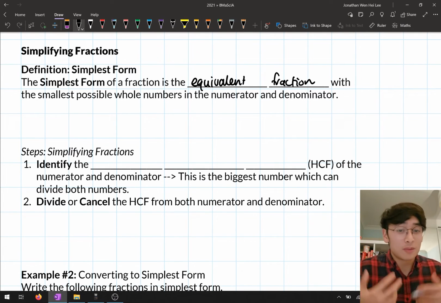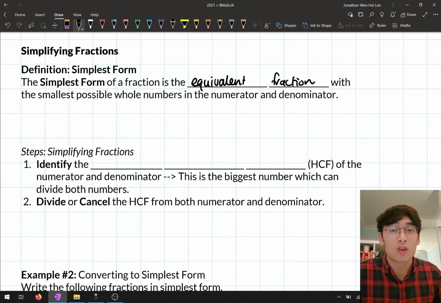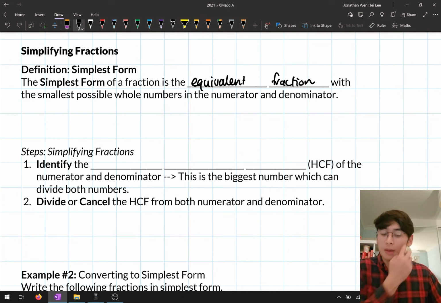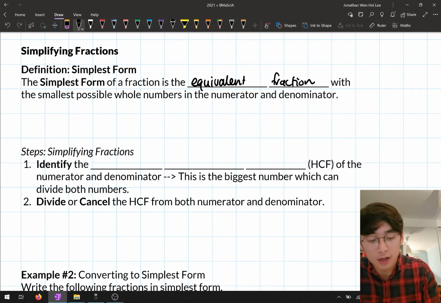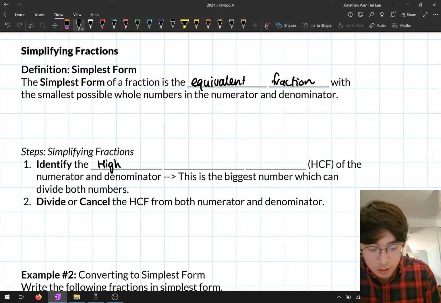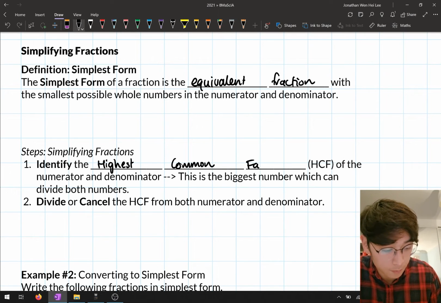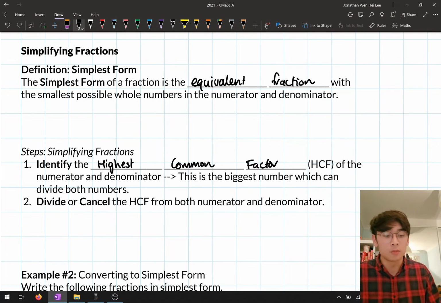So this is similar. We're still going to apply the similar steps of equivalent fractions that we did before, but this time we're going to be doing a lot more division. Now, the steps that we have are to identify the highest common factor of the numerator and the denominator.